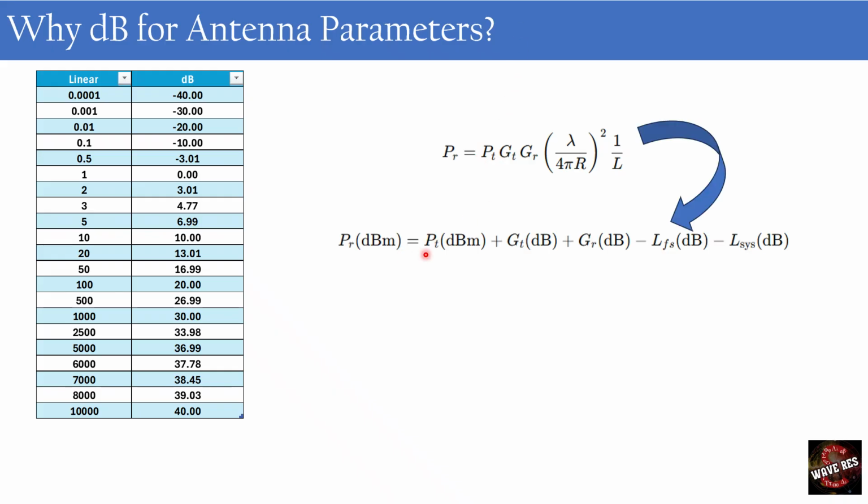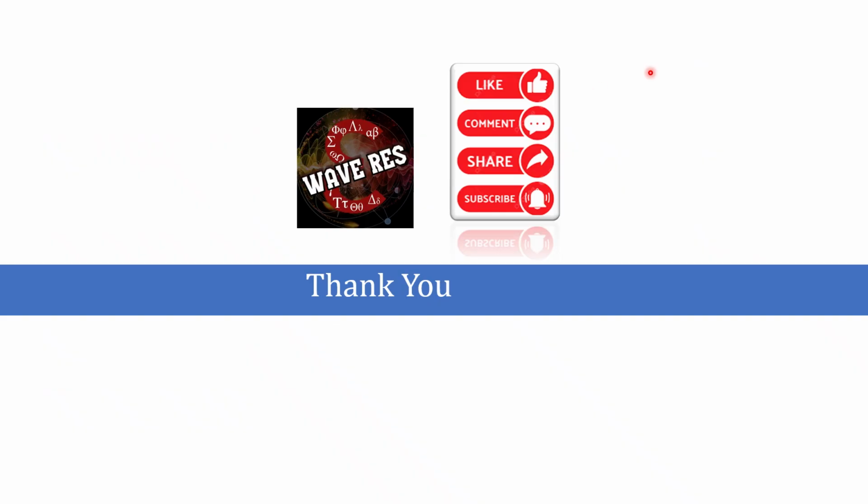But if we have the values in dB scale, it's very easy to calculate, because we have seen that multiplication in linear scale becomes addition in dB scale and division becomes subtraction in dB scale. So we can easily calculate the link budget using the dB values. That is another important characteristic. I hope you get some idea about why dB scaling is most important for antenna parameters.